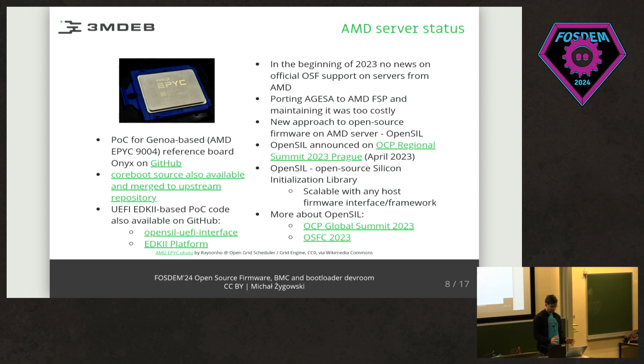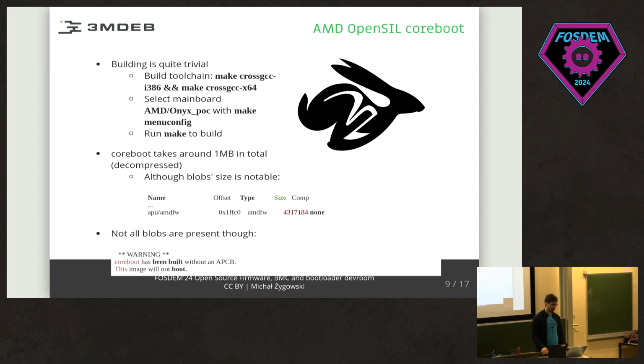So let's try to summarize what the current state of OpenSIL coreboot looks like. I did a quick run and tried to build the Genoa reference board coreboot binary with a few simple steps. And just to show you a few statistics, there are still, of course, some blobs that are needed, like the PSP.